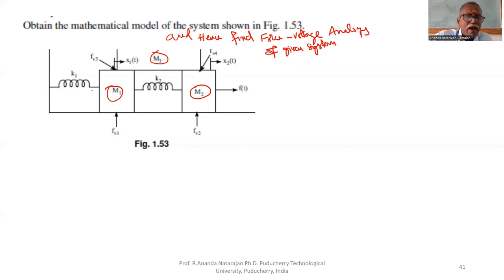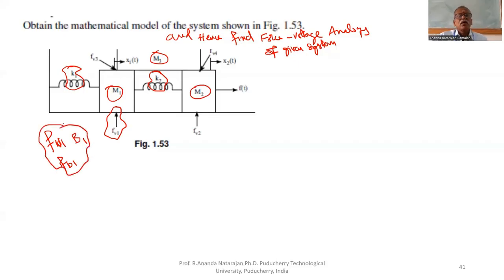Here, what are the forces acting on M1? Because of K1, because of K2, and because of FV1, or simply B1. These are all dashpot coefficients, frictional coefficients.